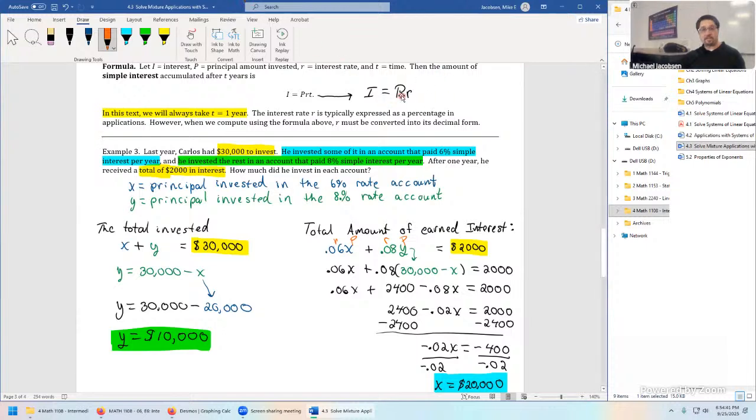Kind of funny looking at it because it's backwards, but we just use the interest twice from this formula above, and set it equal to the total interest. We'll practice this one more time just to get a good feel for how this one goes. But I hope you feel like this one is very, very similar to what example 2 was. Write down a total equation, convert percents into decimals, and have a total interest equation.